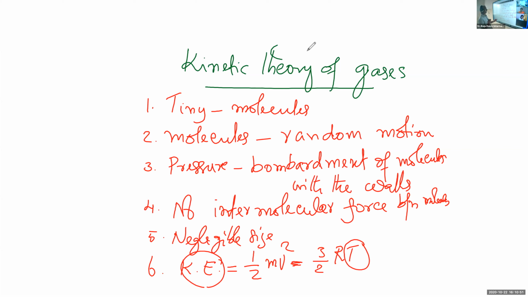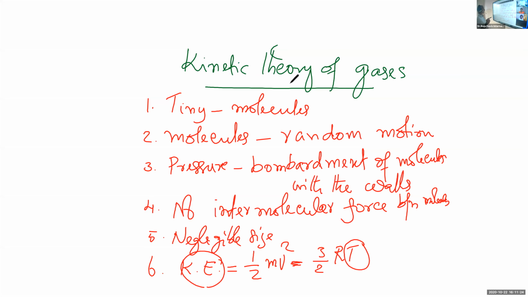Then the fifth one, the size of the gas molecules is negligible compared to the total volume of the container. And finally, kinetic energy is directly proportional to absolute temperature, equal to half mv square or 3 by 2 RT. These are some of the assumptions of kinetic theory of gases.